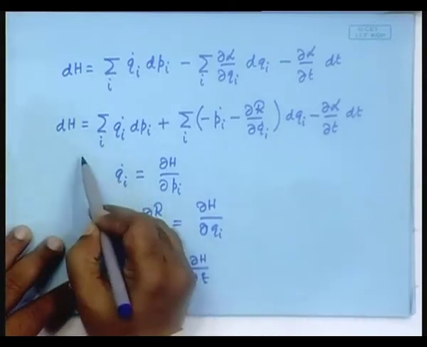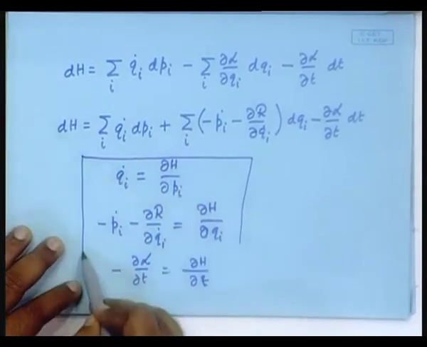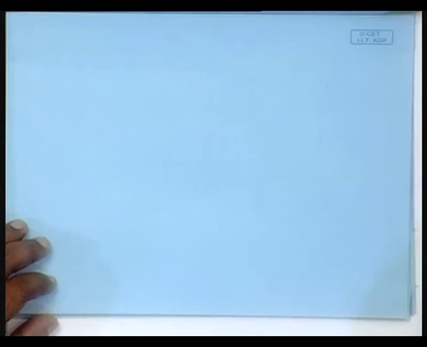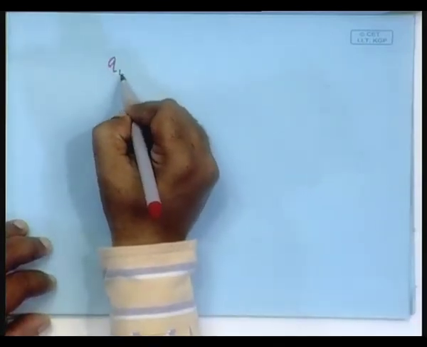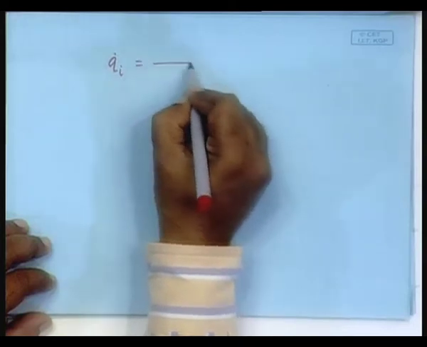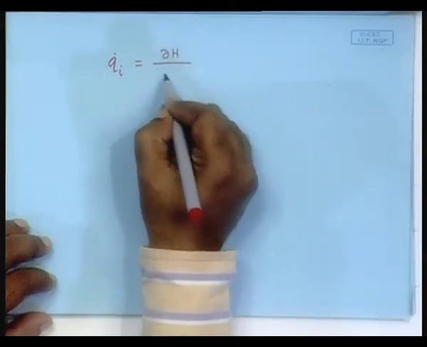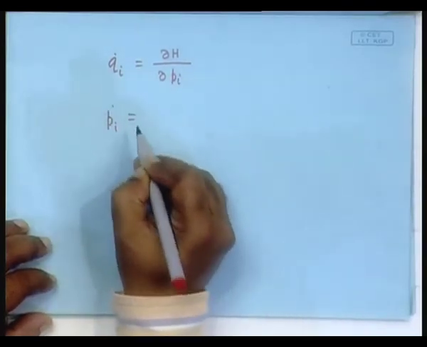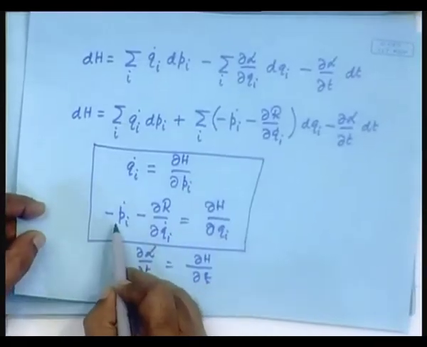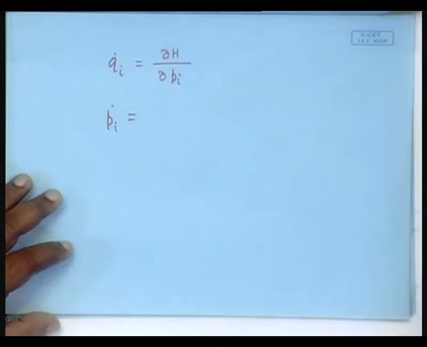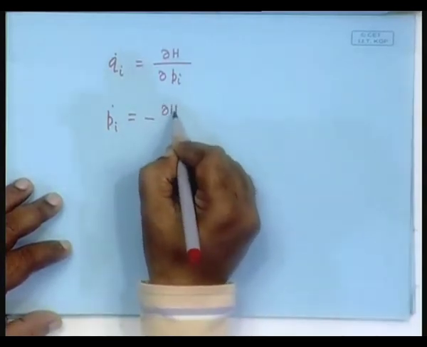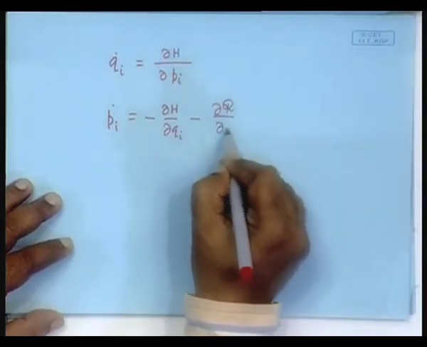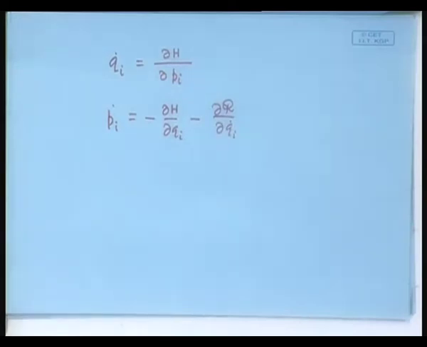We are primarily then interested in these two equations, and these two equations immediately yield qi dot is equal to the derivative of the Hamiltonian with respect to pi, and pi dot is, from here I am trying to extract it, it is this minus, that is it.